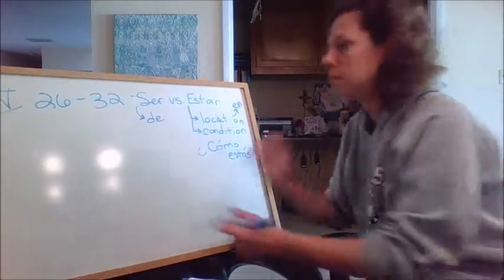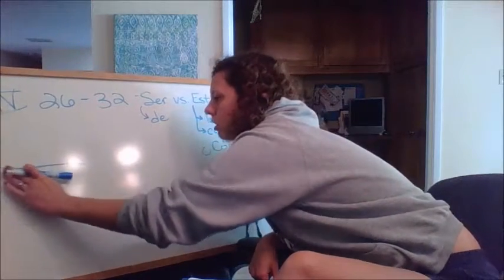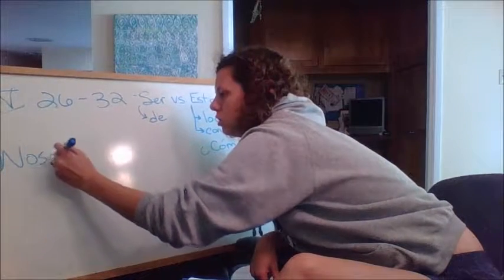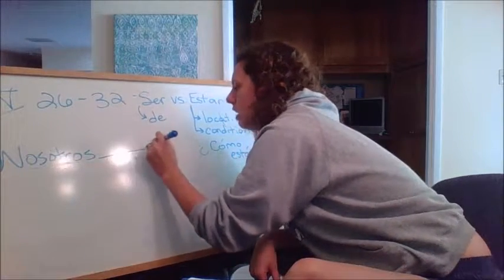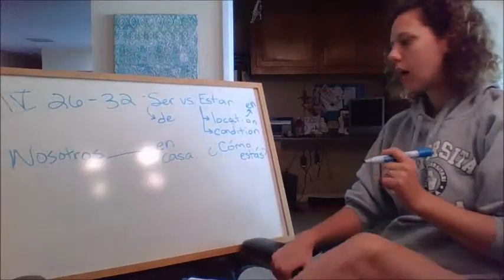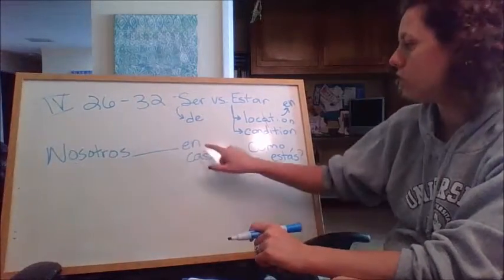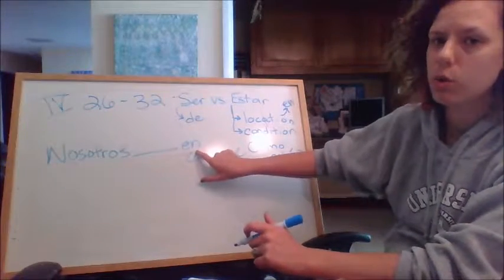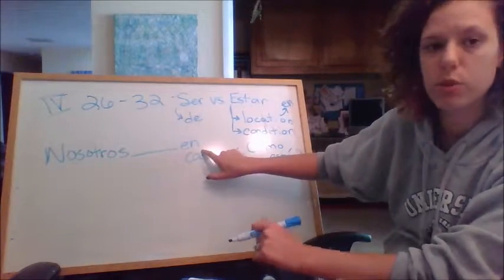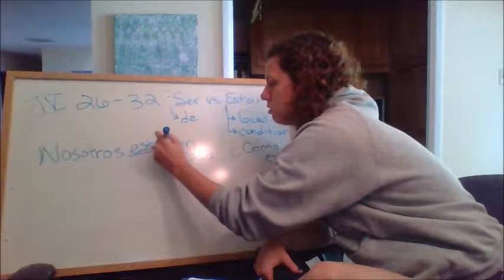It's going to say something like nosotros blank en casa. So we are at home. Okay. So here's your key word. You've got en. So it's got to be estar because we're talking about we are at home. So that's a location. So then we have to come in and say estamos.